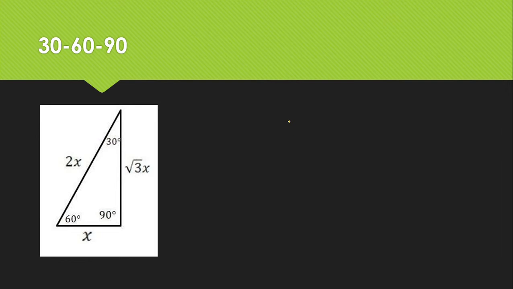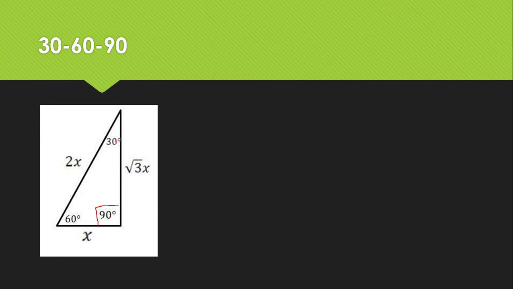The other type of special right triangle we have is the 30, 60, 90 triangle. And again, it refers to the angles. So we have our 90-degree angle. The other two angles are 30 and 60. And on here, you could see the pattern for these kind of sides. It's a little trickier. The shortest side, the side between the 60 and the 90, is always going to be x.